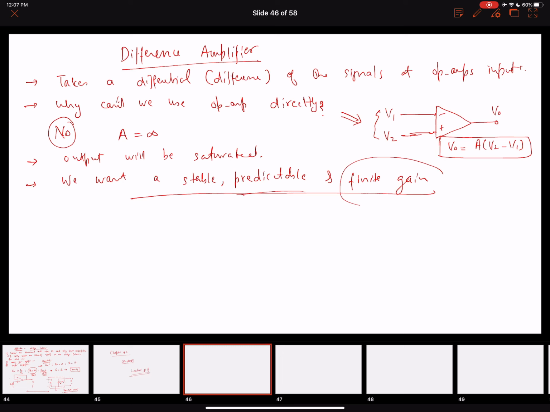Another feature that we want in this difference amplifier is that we want it to reject the common mode signal, for example, interference present between two input signals.